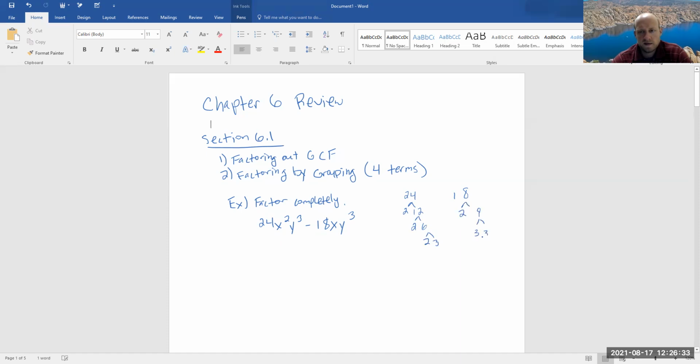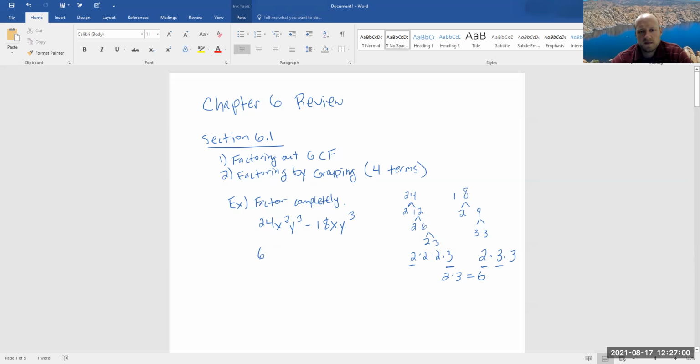And then look that way. So 24 would be 2 times 2 times 2 times 3. And then 18 is 2 times 3 times 3. Well, these each have a 2. And they also have a 3. And then we know that 2 times 3 is 6. So if you really want to, do it the long way, that would be one way that you could do it. We could take out a 6.